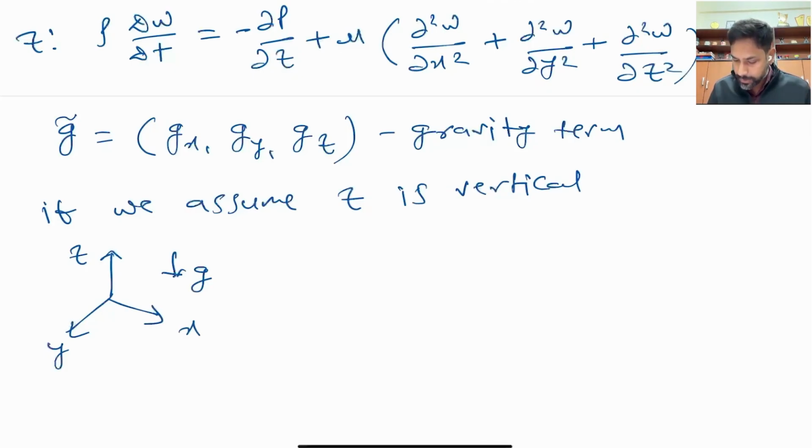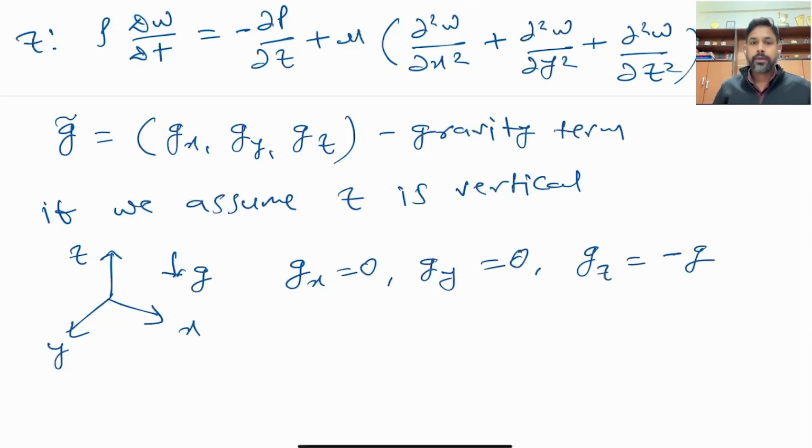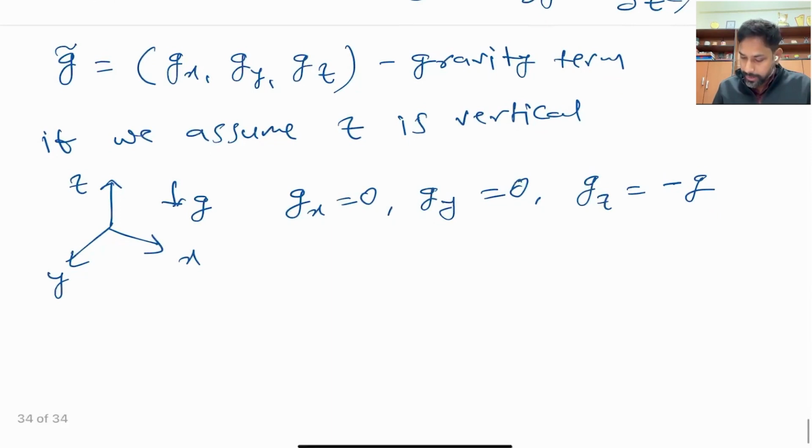In that case, your gx is 0, gy is 0, and gz is equal to minus g. So components of g in X and Y directions are 0, and it has a component only in the Z direction, and that too has a negative value. That is why g is 0, 0, minus g for vertical Z direction.